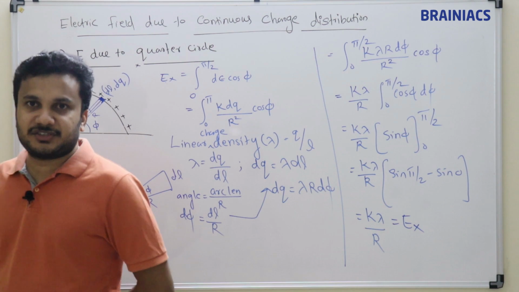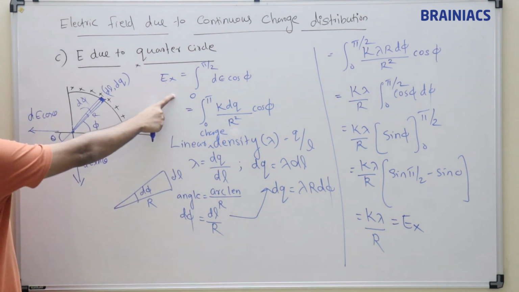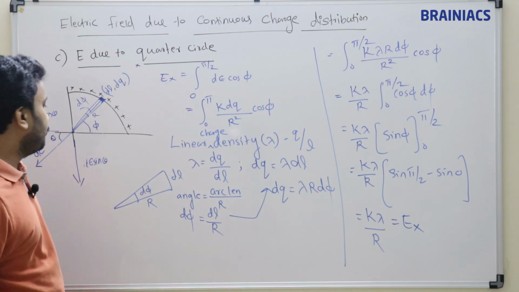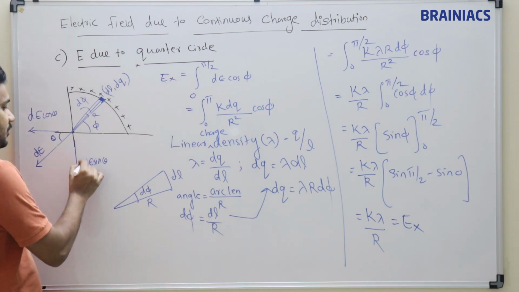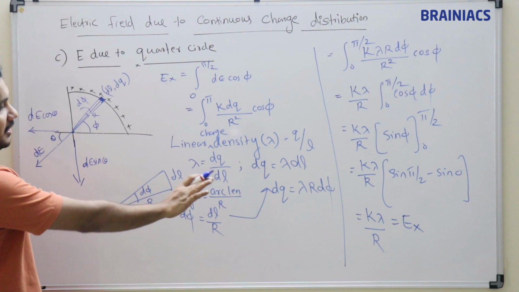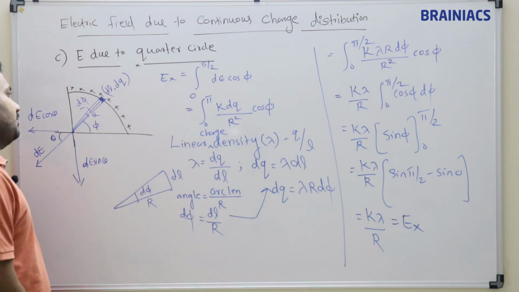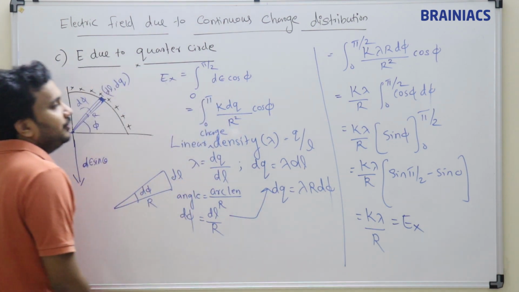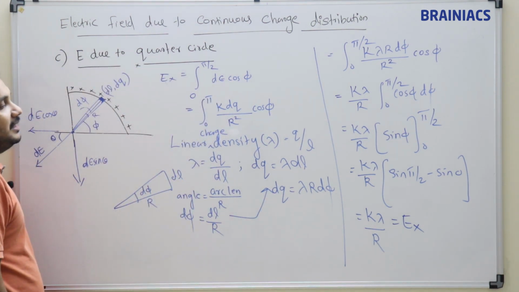Next, what are the next steps? We found Ex, but we need to find Ey also. So Ex will be there, Ey will be there. Hope you got Ex. Now we are going to do the steps for Ey.